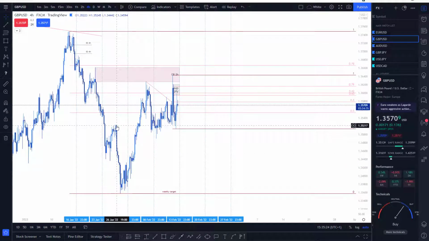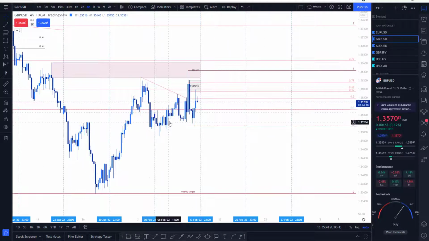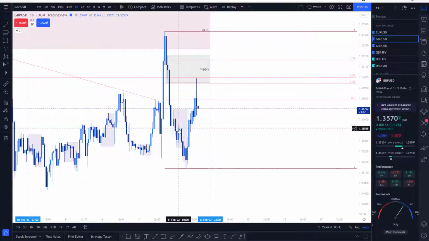Last week took internal liquidity here, stopped below the order block, inducing sells, making a change of character. This was previous week. This week started pretty choppy, and then this was yesterday again.